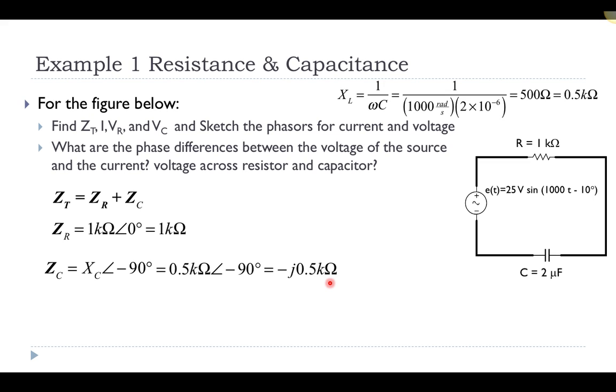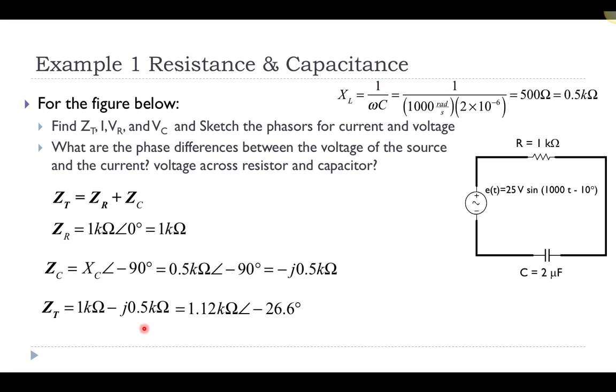So the total equivalent impedance for these connected in series is just a matter of adding the resistive piece to the capacitive piece, and when I add them together, I get 1 kiloohm minus j 0.5 kiloohms. But of course, we probably don't want it in rectangular form. We want to convert that into polar form.